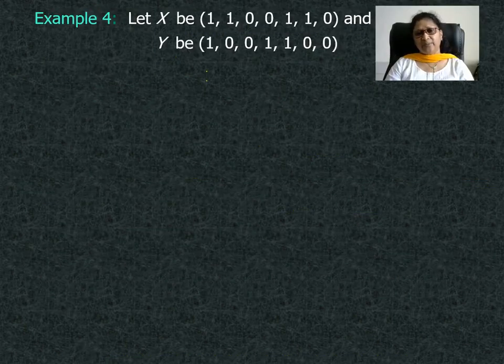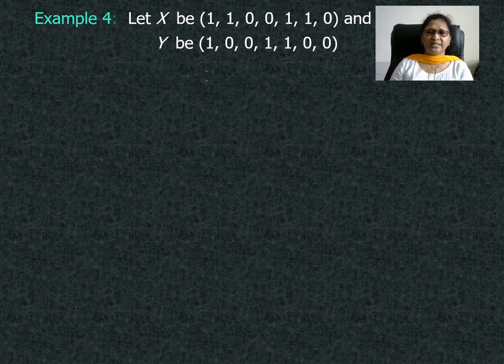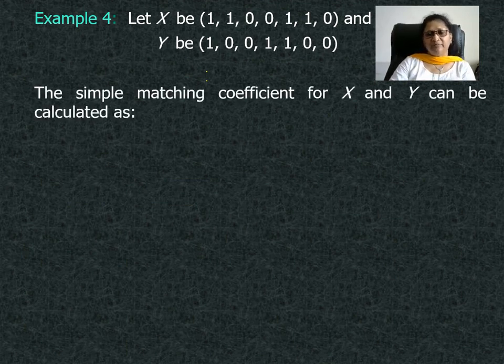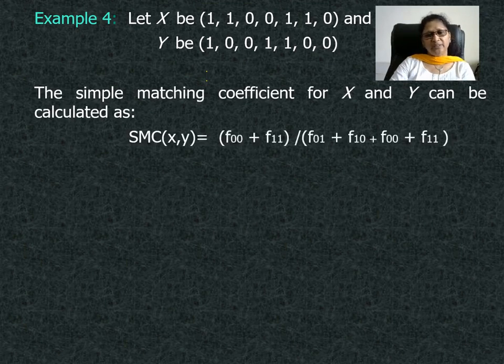Let us consider one example. We are given two sets X and Y with binary attributes represented in terms of ones and zeros, and we have to compute similarity with SMC as well as with Jaccard coefficient. So we know the formula for simple matching coefficient as this.